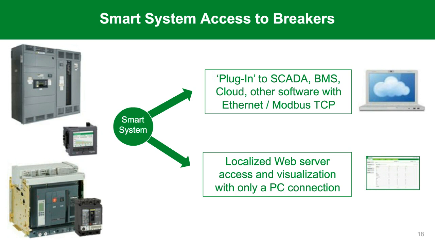The other place that the data is used or available is in localized web servers. So this would be localized data in an interface or a meter or some device that has an available web server on board the device. The computer can literally be plugged directly into that device. A web browser can be pulled up, logged into the device, and now you have pre-configured web pages available from that device.